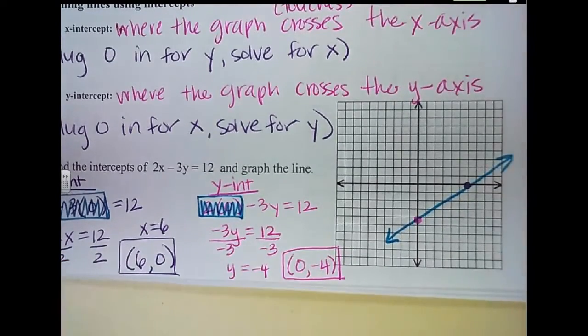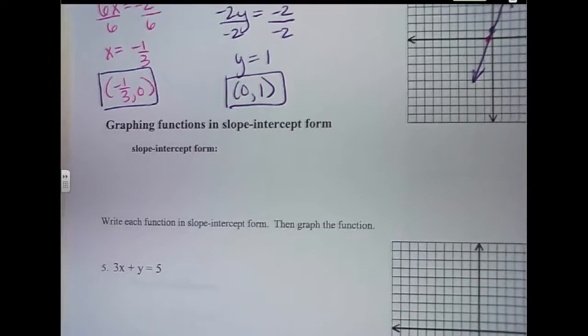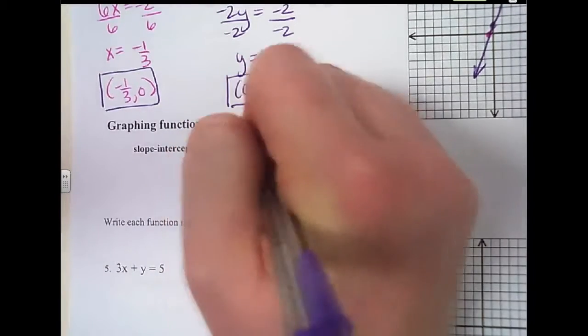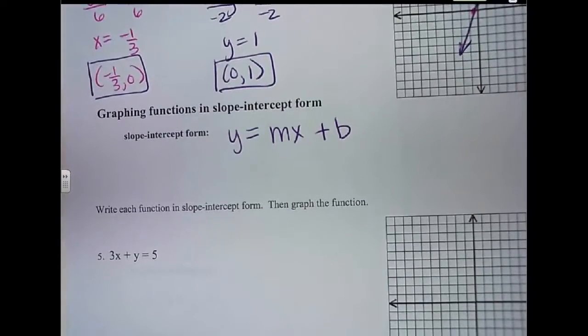Okay, I want you to try number 4 on your paper. Okay, what's slope-intercept form? Do you remember? I heard it. Y equals mx plus b. What is the m? Slope.